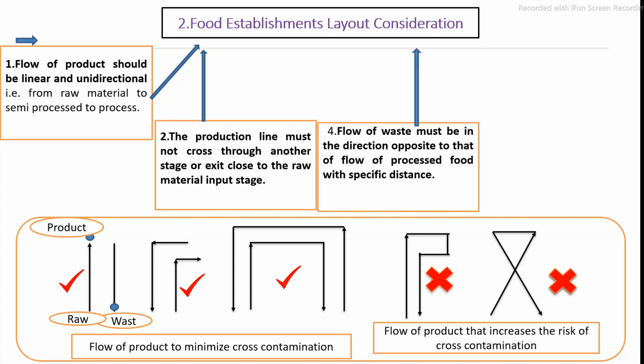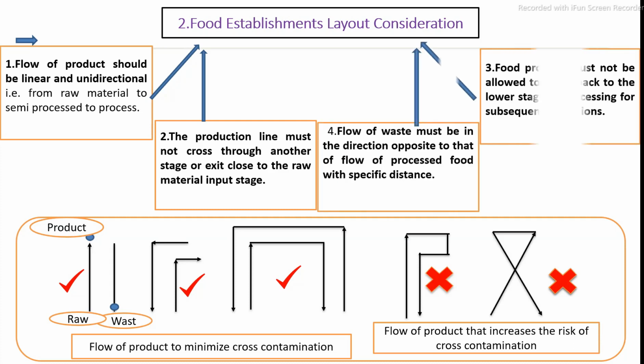You can see in these pictures that the raw material into the final product must flow unidirectionally, and whatever waste is generated flows in the opposite direction. In this way, we can properly arrange the sequence of the equipment or the processing flow sheet in order to minimize cross contamination during processing.